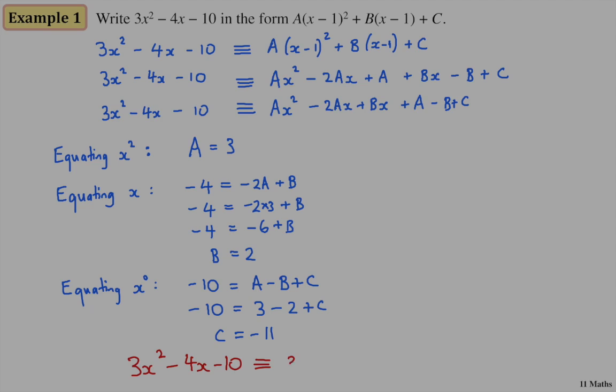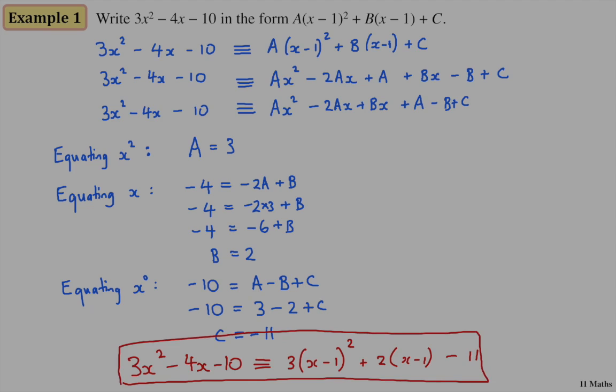So I write 3 bracket x take 1 close brackets squared plus, instead of writing a b, I'm going to write 2 bracket x take 1. Instead of writing a plus c on the end, I write minus 11. That is your solution. I've written the quadratic in the form it asked me to.